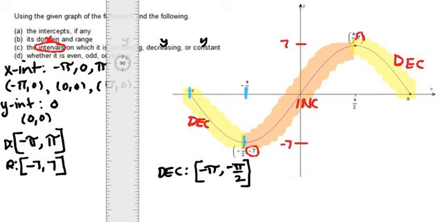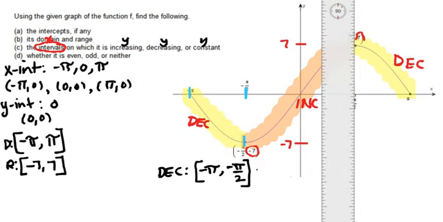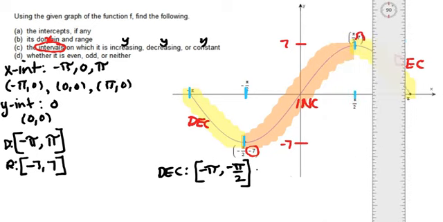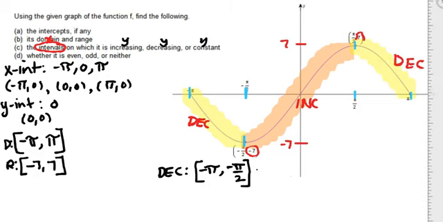We have one more interval of decreasing over here. It's going to start at this spot right here and end at this spot right here. So that interval of decreasing is starting at pi over 2 and ending at pi.